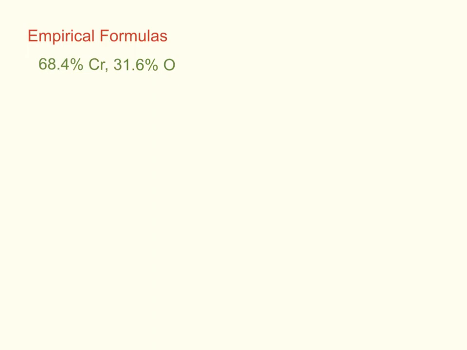With percent to mass, you just take the percentages and turn them directly into grams, because you'll see that both of the percentages, 68.4% chromium and 31.6% oxygen, add up to 100. So we can say that we had 68.4 grams of chromium and 31.6 grams of oxygen.